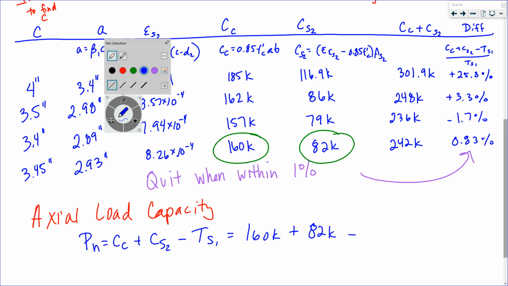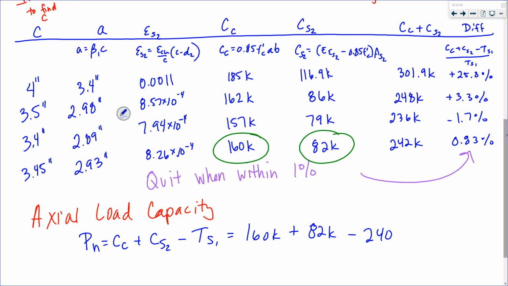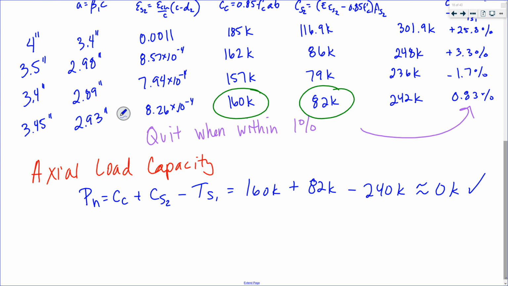Gonna subtract my T sub S, which is yield times the area, 240 kips. That's about 0. It's like 2, but that's okay. That's good because I'm on moment only.